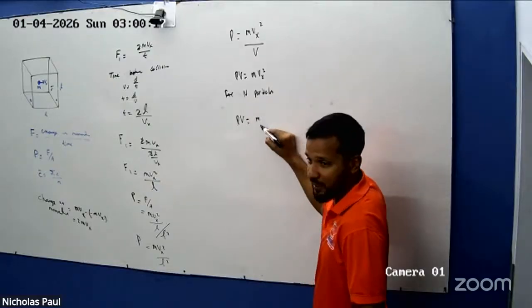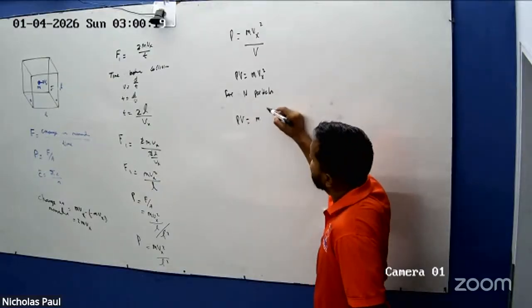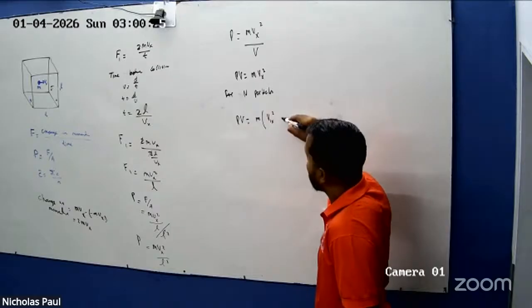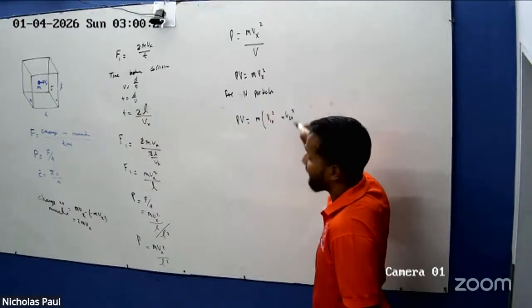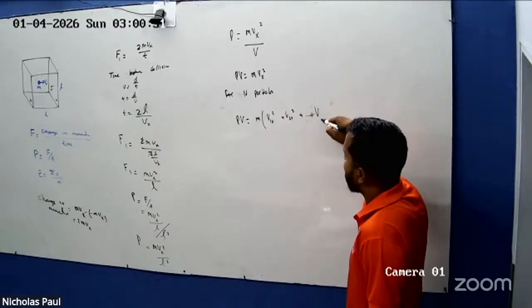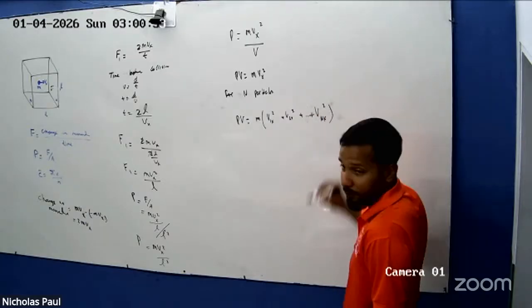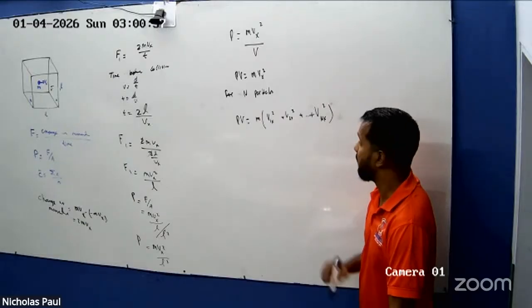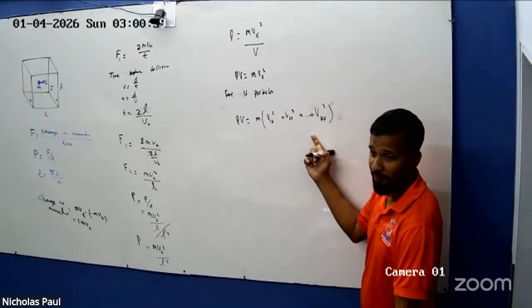They all have the same mass, and it will be something like this: the speed of the first particle squared, the speed of the second particle squared, all the way until we reach the speed of the nth particle squared. That's okay? What am I going to do with this?